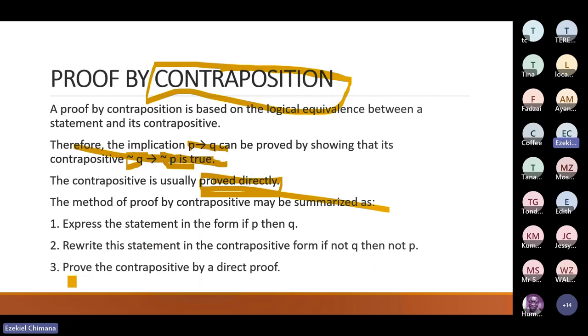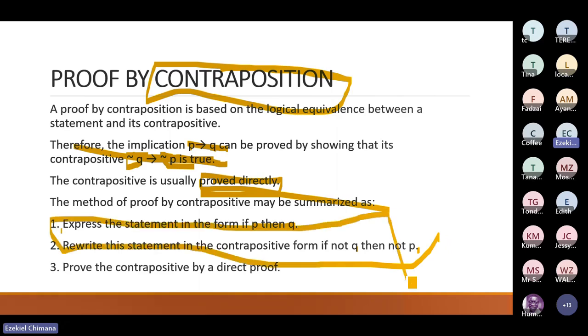Express the statement in the form P implies Q, and then rewrite this statement in the contrapositive form: if not Q, then not P. And after that, prove the contrapositive by a direct proof. So this is what you have to do first.